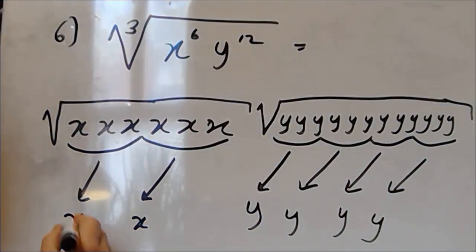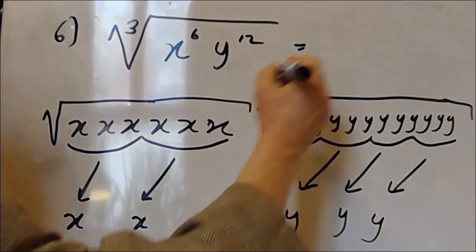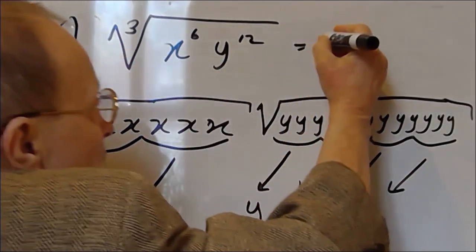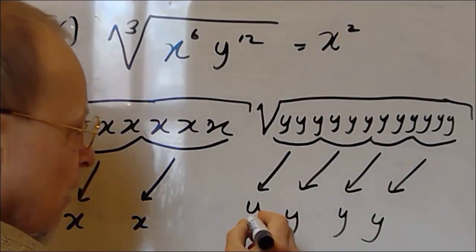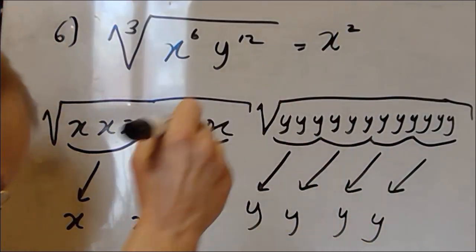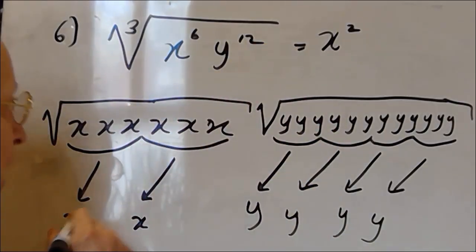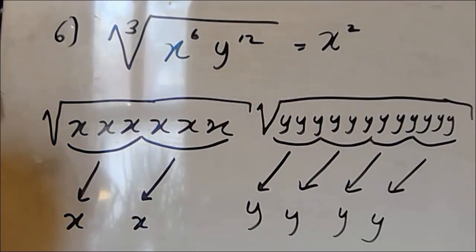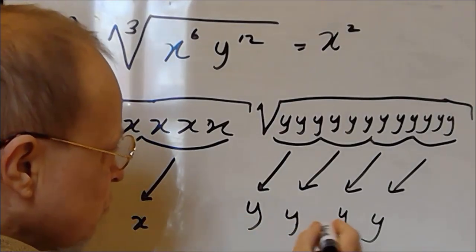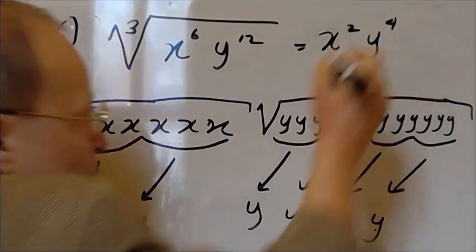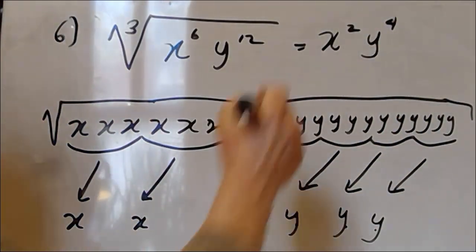And that means here we have two x's, so that will give us x squared, that's correct. And then y, 1, 2, 3, 4, and then we have y to the 4th. And that's our final answer.